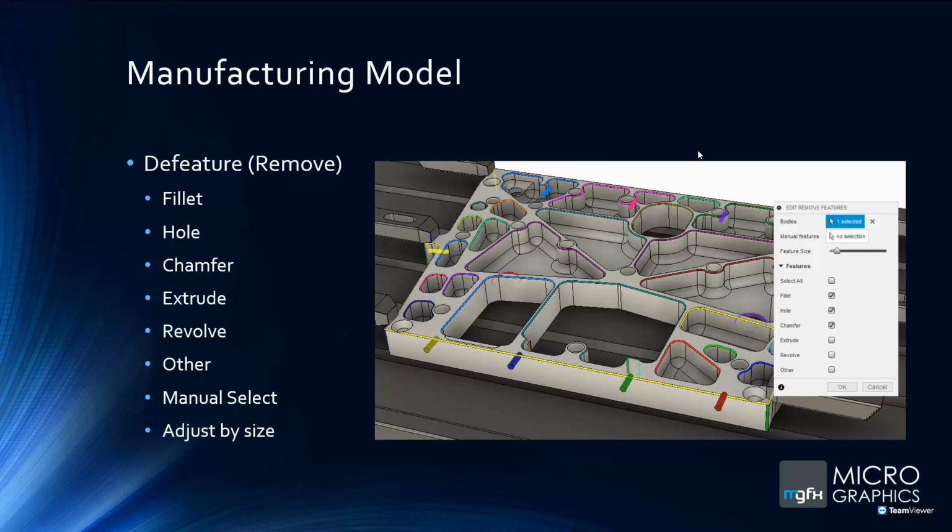The image on the right-hand side shows the selection of the body. There's no manual feature selected, but the feature size slider allows you to slide back and forth to choose features by their size. That image shows fillets, holes, and chamfers being selected to de-feature by their set size.